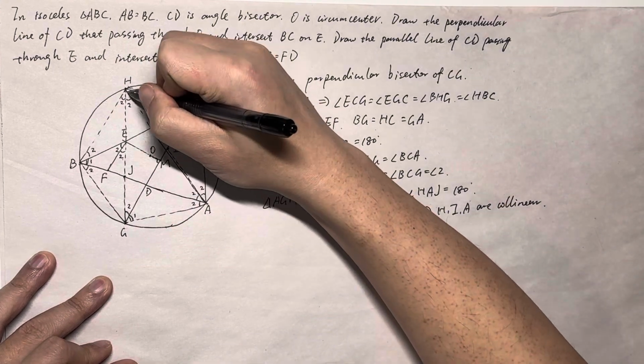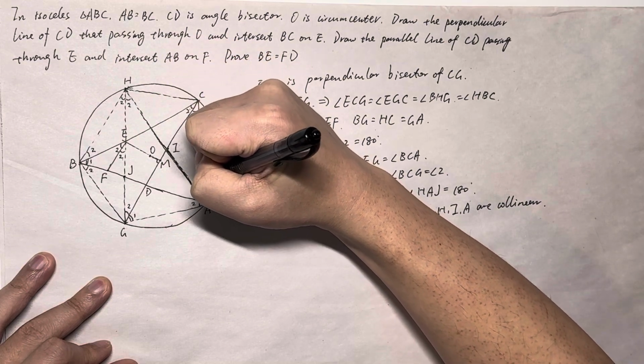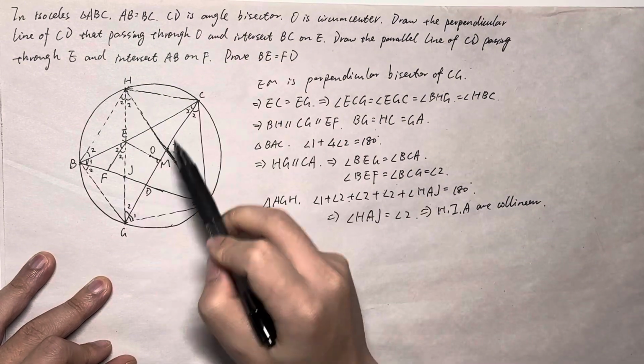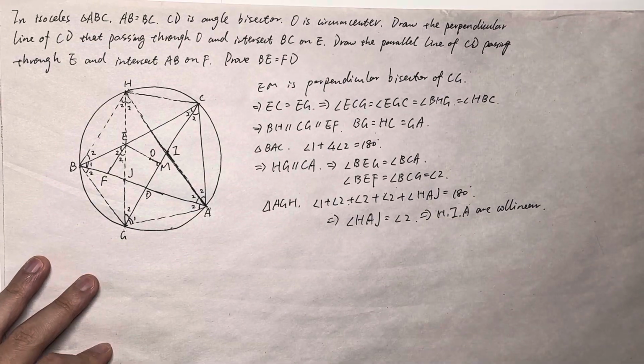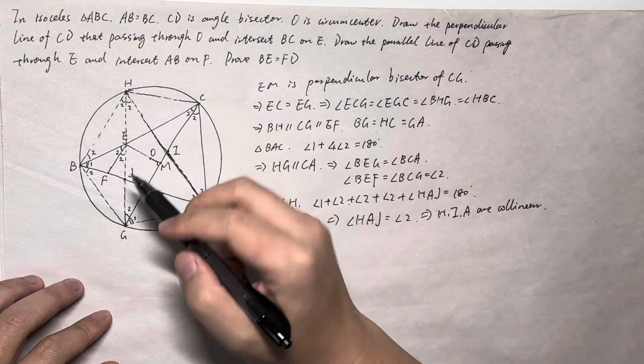Right, so let's just redraw it. We just found that H, I, A are collinear. Now let's come back to what we have here.